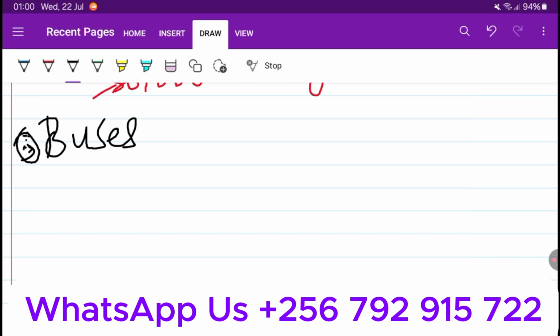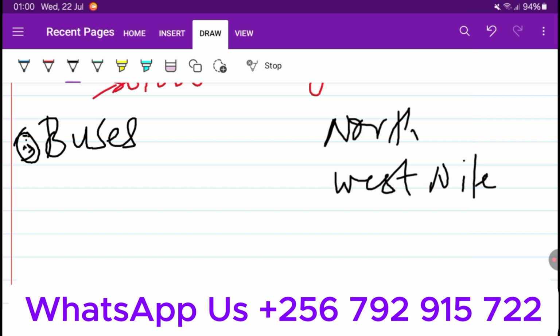Let me just use regions. One goes to the north, one goes to the west, to West Nile, and the other one goes to the east, the eastern.